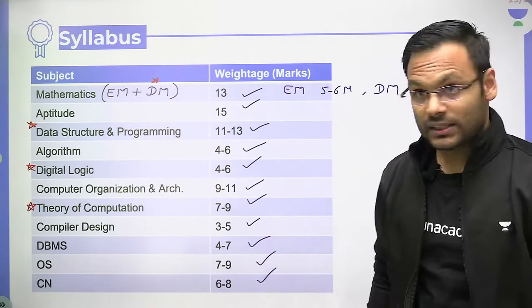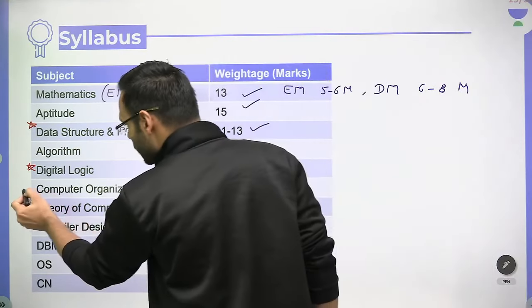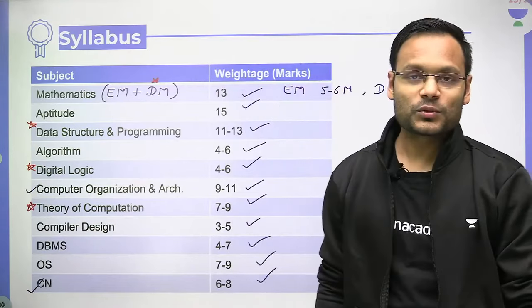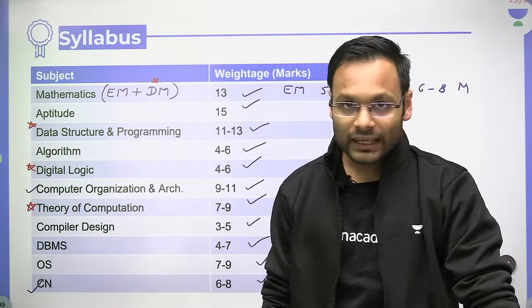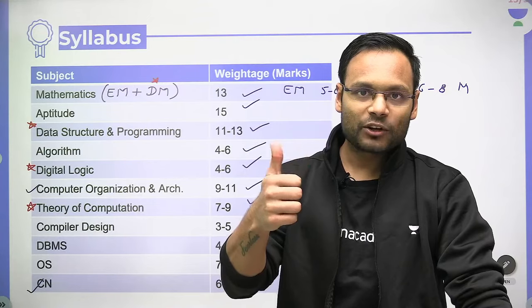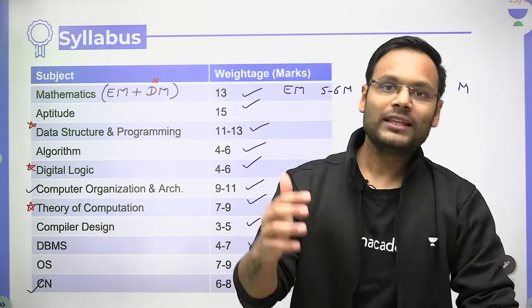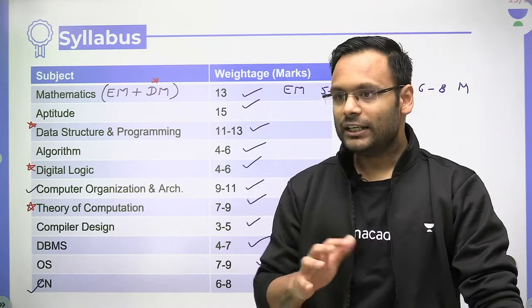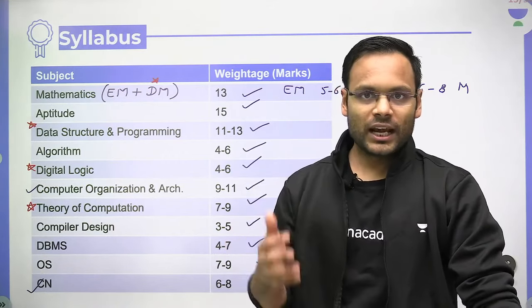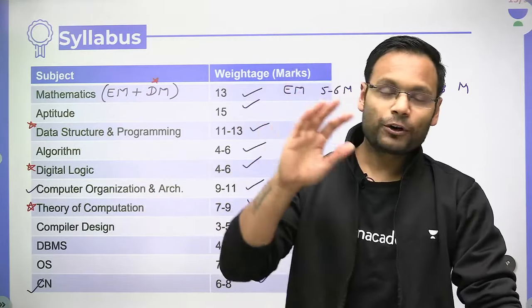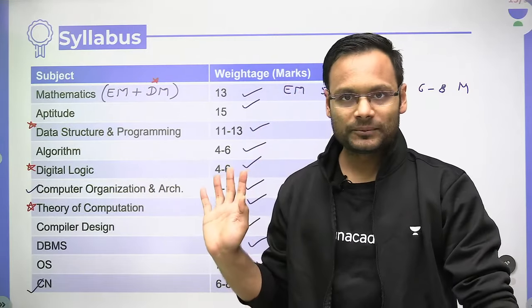In other courses, these are the courses which are rank makers. Why? Just because everybody cannot solve these questions. Very different logical questions. And if you have prepared these courses well, for sure you will get good marks.